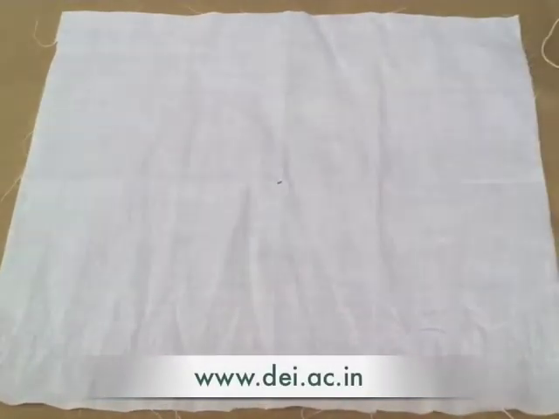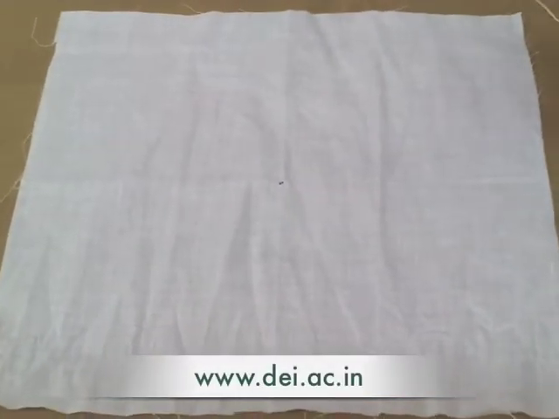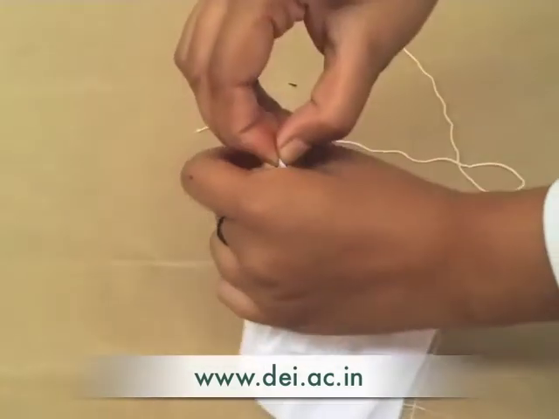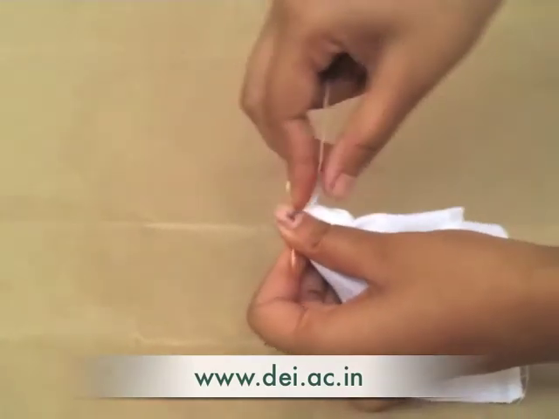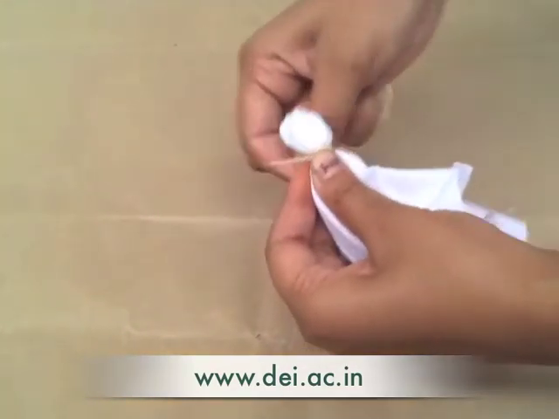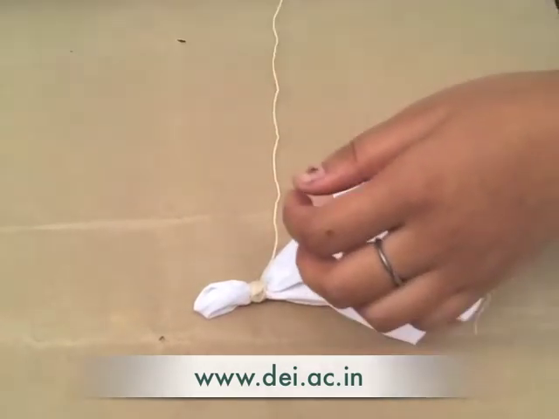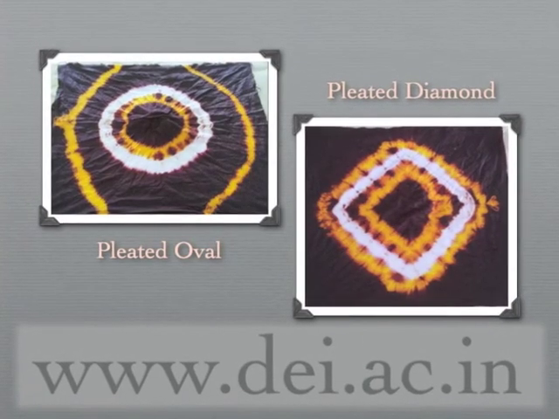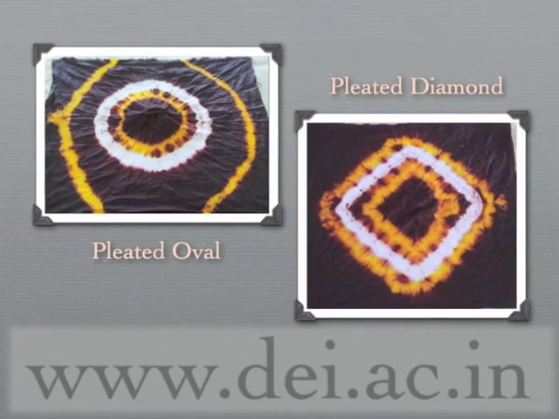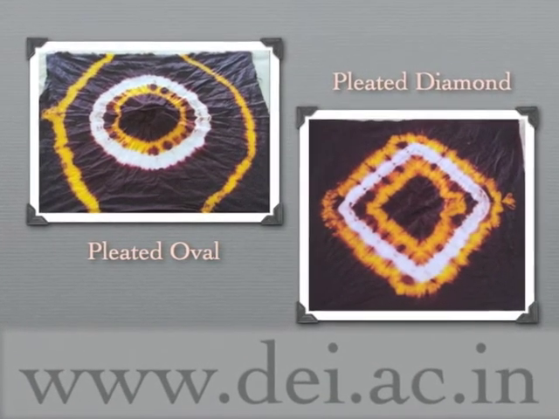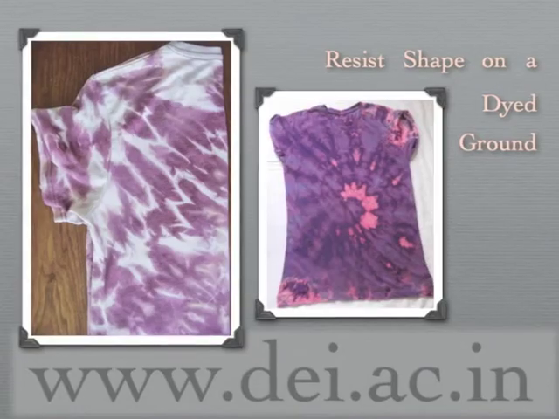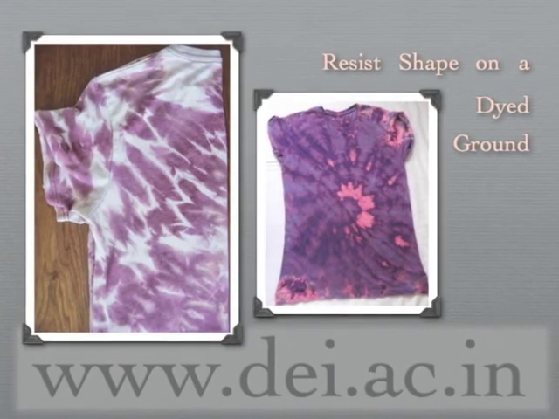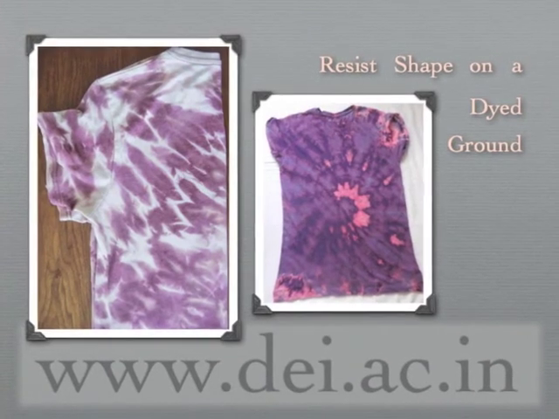For circles, pick up a point of cloth and bind according to the size desired. The pleated oval or diamond method on a large scale is very useful for backgrounds. Use a dyed shape or a resist shape on a dyed background.